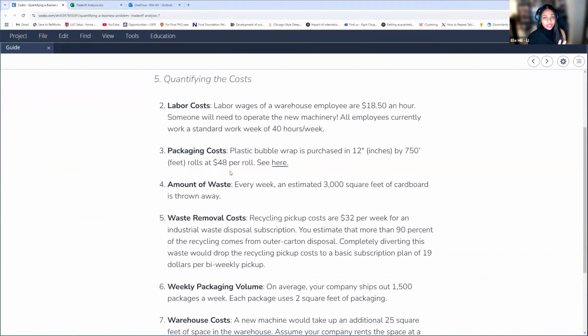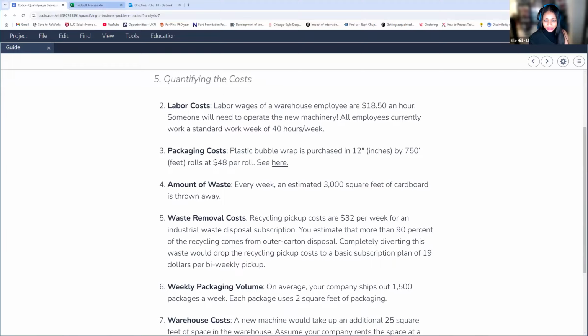But this is not going to be a new cost. This is something that we're currently paying for. Because remember, business as usual, which I'm going to explain later, or what we're currently doing now, does not include the cardboard perforator yet. So let's note that this bubble wrap is going to be $48 per roll.